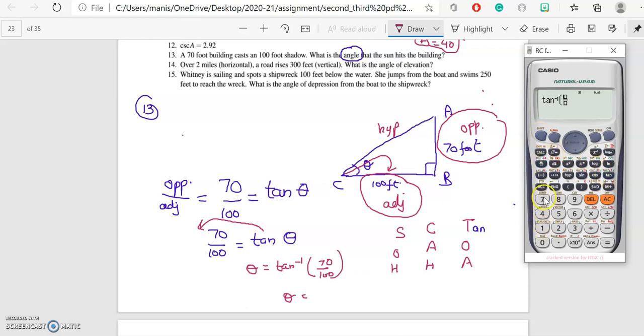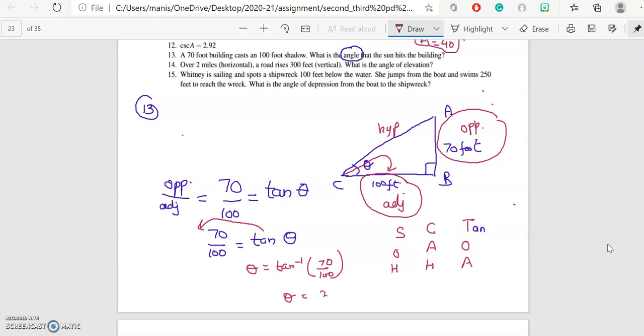Always use the fraction button. 70 over 100. So click, and this is the answer: 34.99 degrees, or I will write 35 degrees. So this is my answer for which question? Number 13, which is over here. Okay, so now you are in a good position to do the problems which are on this worksheet.